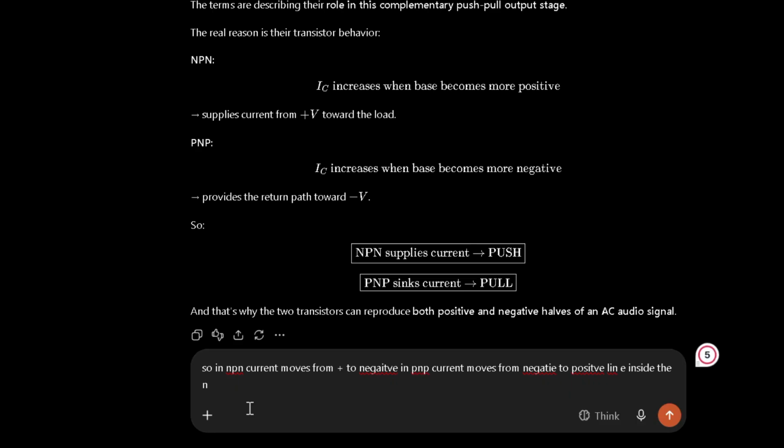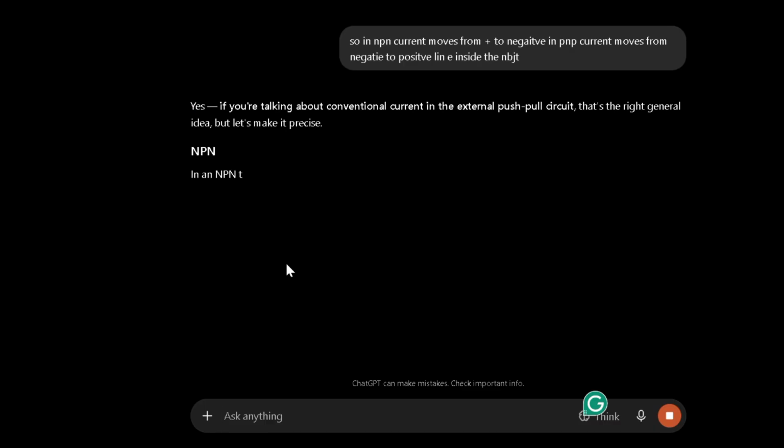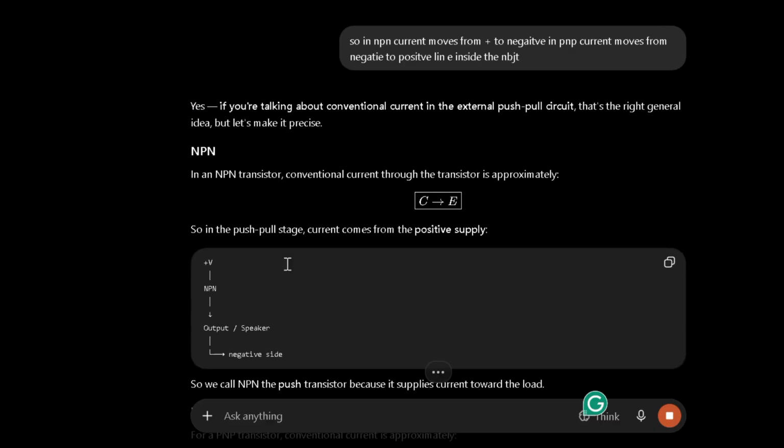If you think of conventional current in the NPN, it goes from collector to emitter. In the push-pull stage, current comes from the positive supply toward the output.